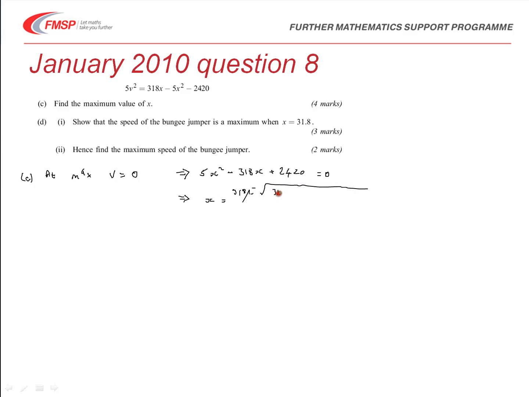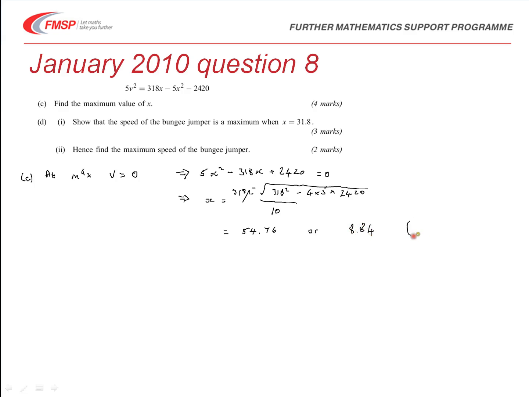So you can see it's just going to be 318 squared minus 4 times 5 times 2420, all over twice a, which will be 10, 2 times 5, and that gives you an answer of 54.76 or 8.84.